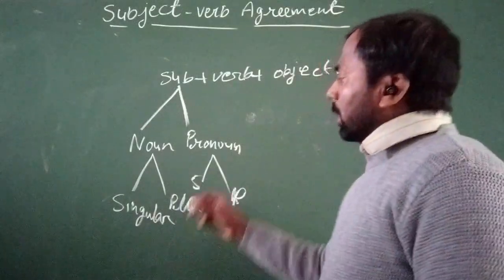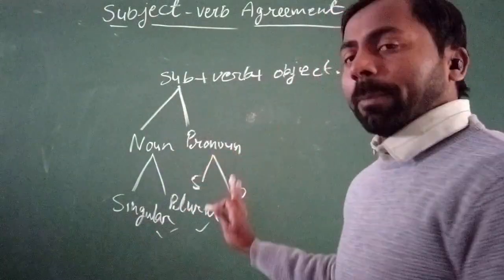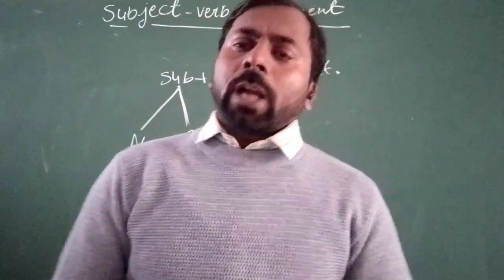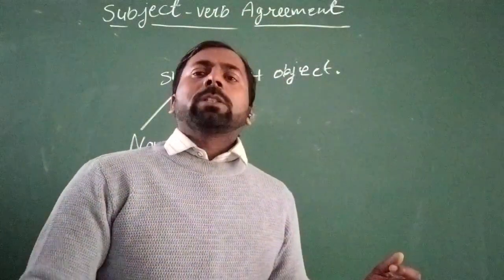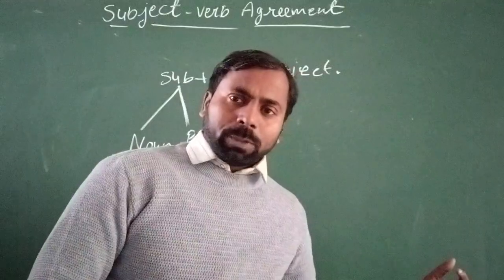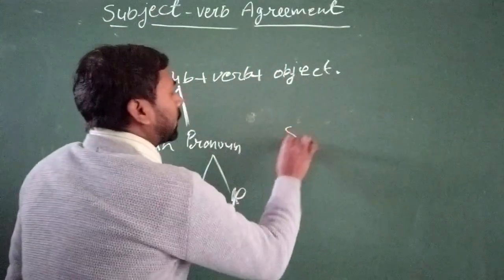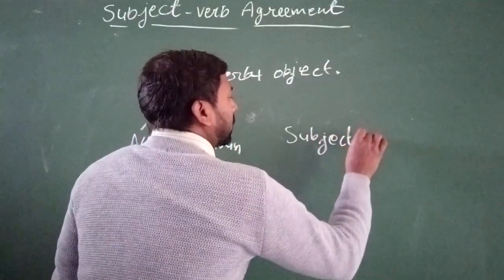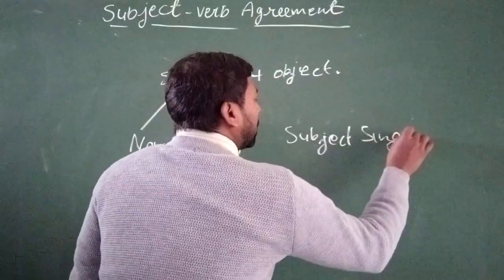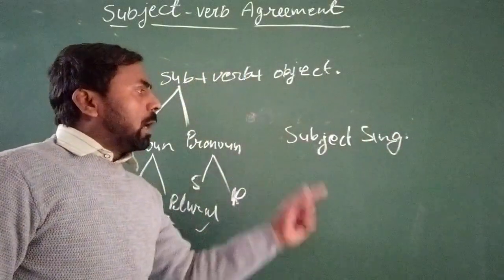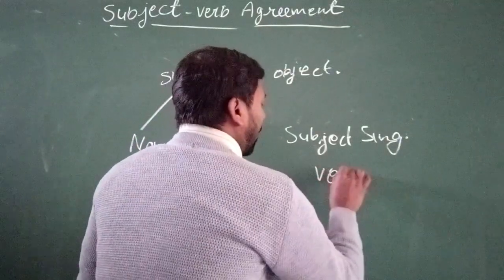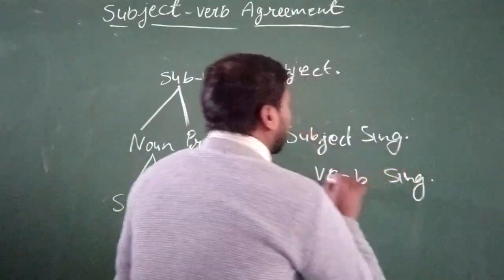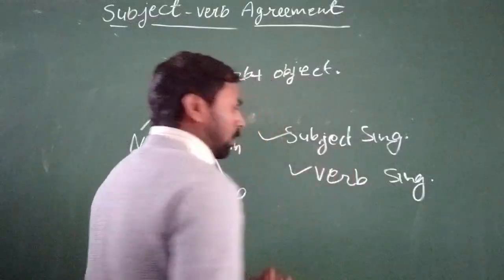As you know, a noun or pronoun is singular or plural. As the subject is singular or plural, the verb is also used according to the subject. It means that if your subject is singular, then you use the singular form of the verb.